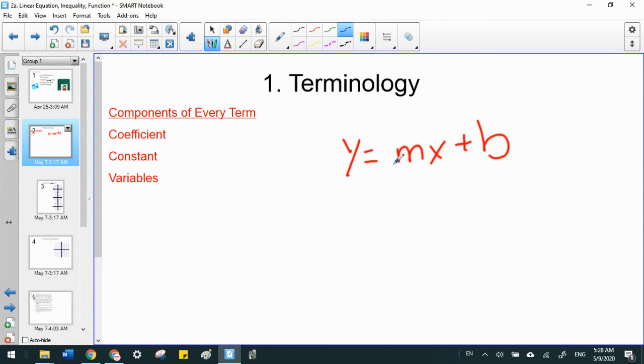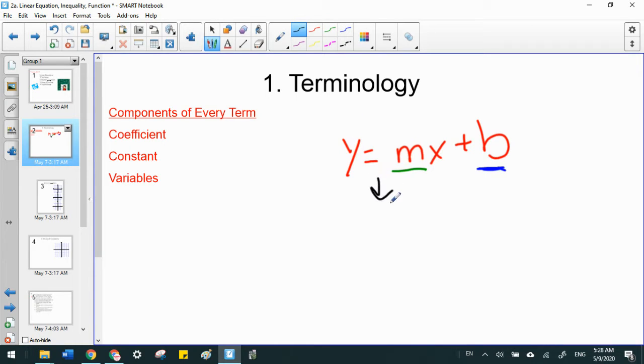For those of you that have taken algebra 1 or even pre-algebra, you know that in a linear equation, y and x are meant to be the variables, so they're the parts of the formula that remain as letters because you plug one number in to find the other number. But the m and the b are terms that you're supposed to be able to find values for.